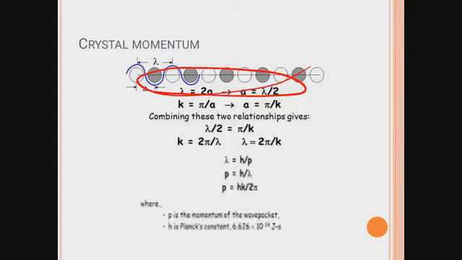So we can write lambda is equal to h by p, and p is equal to h by lambda. Now if we put in the value, we get p equal to hk by 2 pi, where p is the momentum in a crystal.